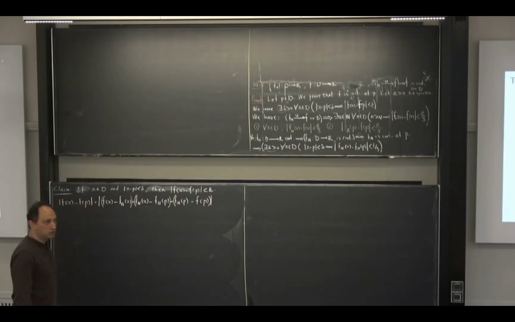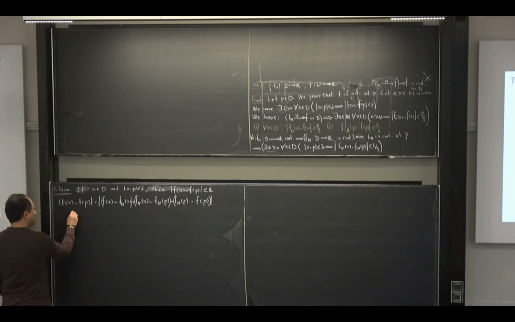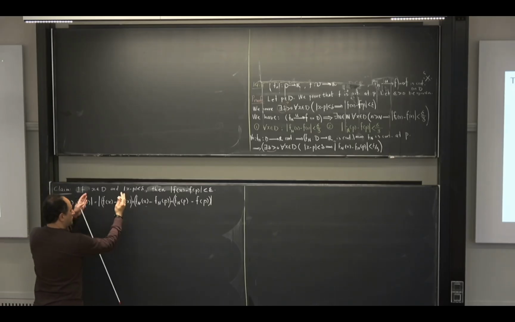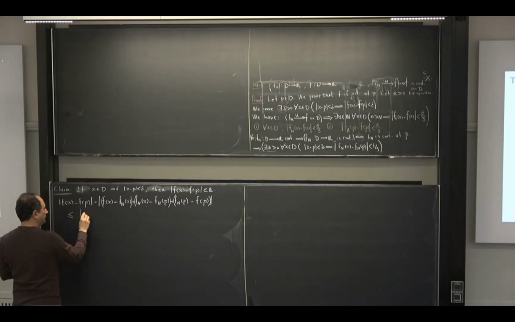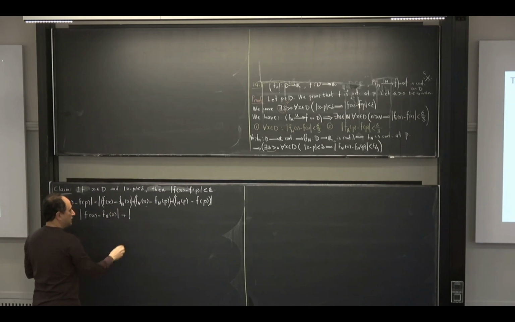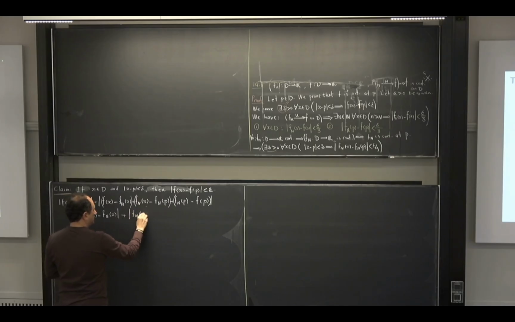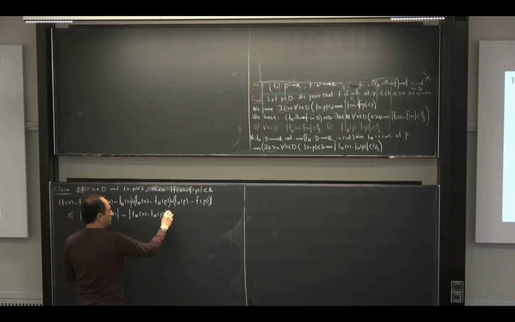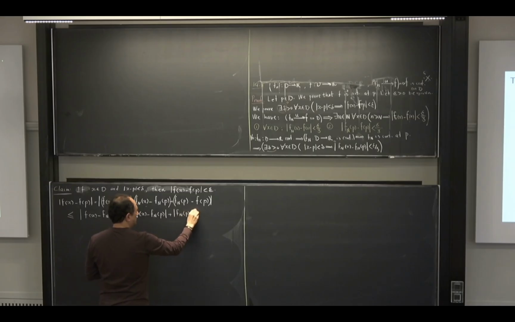Yes? And I want to use the triangle inequality. So this becomes less than or equal to the absolute value of the first one plus the absolute value of the second one plus the absolute value of the third one. Do you agree? Yes?